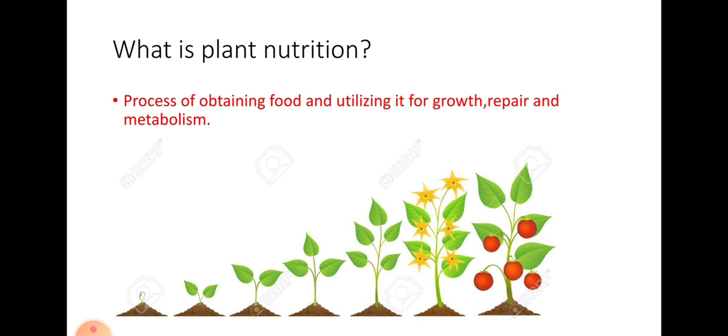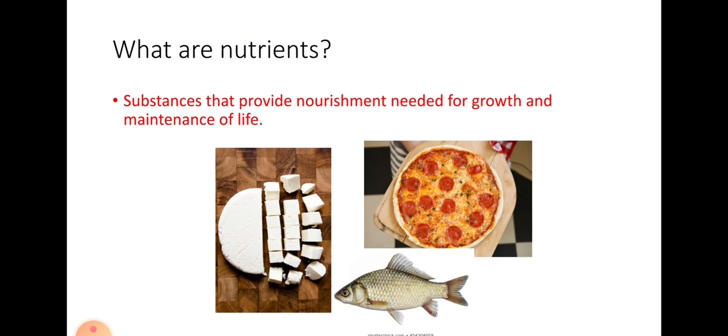So exactly what is nutrition? The process of taking food by an organism as well as utilization of this food by the organism is called nutrition. Now, the next term is: what are nutrients?